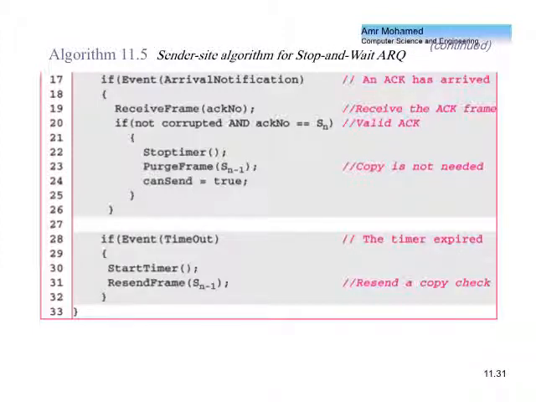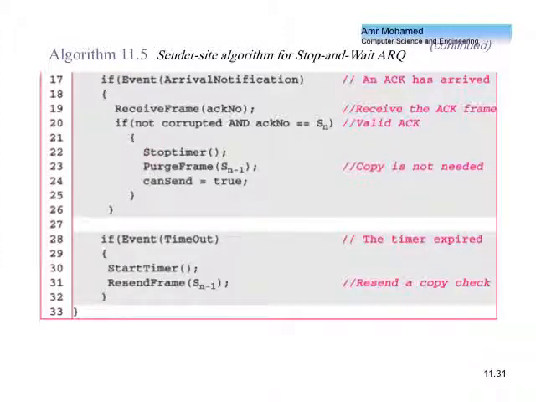Some of the bits have changed, some 1s have turned to 0, or some 0s have turned to 1, which means that I cannot recognize it as a proper acknowledgement. So if the frame is not corrupted and the acknowledgement is the number that I'm expecting, this means that no error has happened.